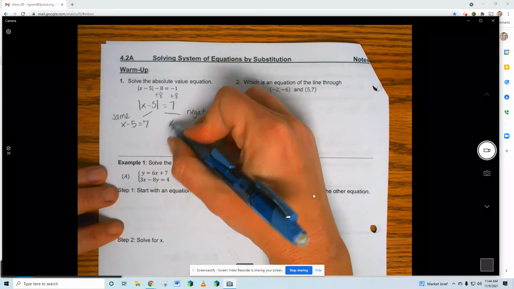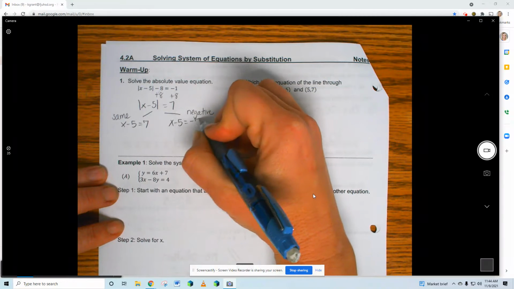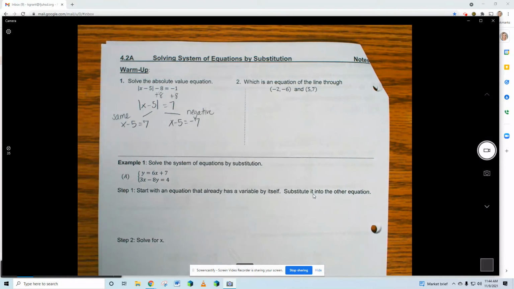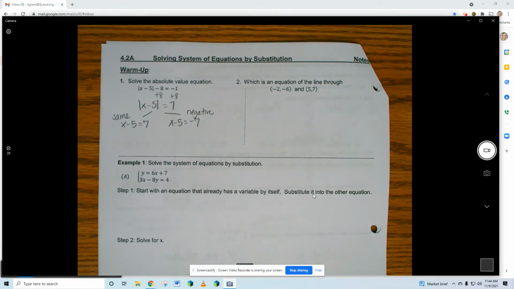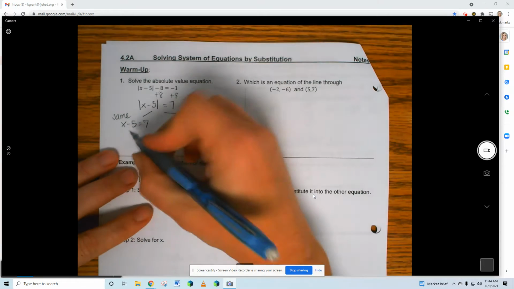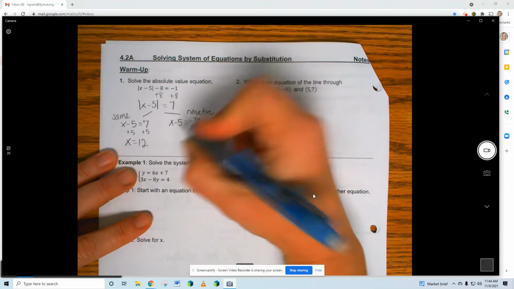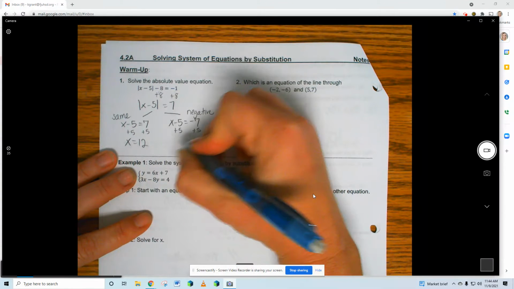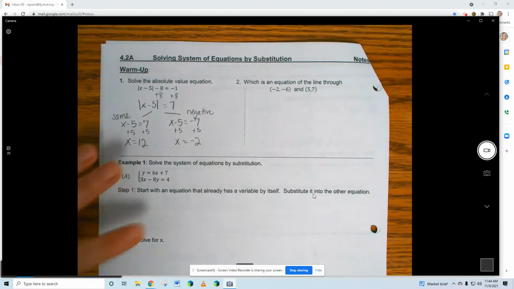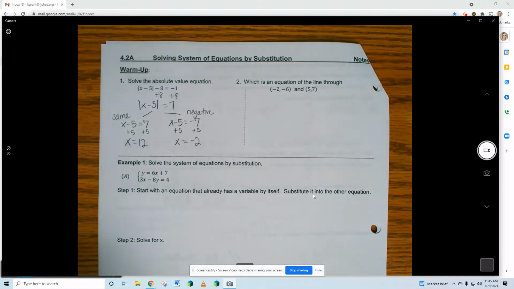The negative is going to be x minus 5 equals negative 7. Okay? So now I just solve for x. Easy. Add 5. So x equals 12 and x equals negative 2.